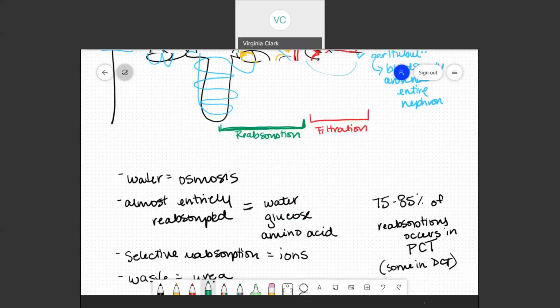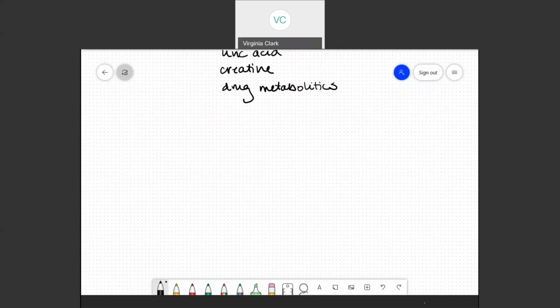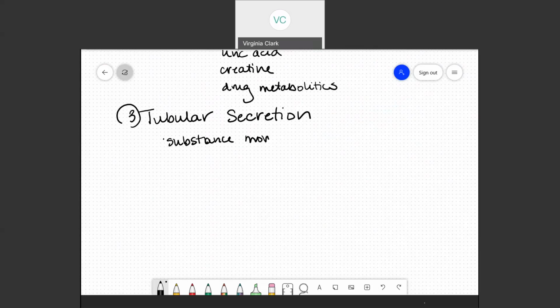Our third process is going to be called tubular secretion. Tubular secretion is where substances are going to move from the peritubular capillaries and disposed of as urine.